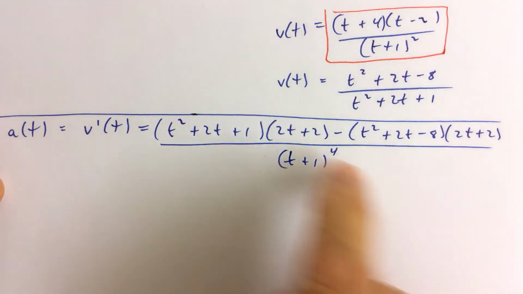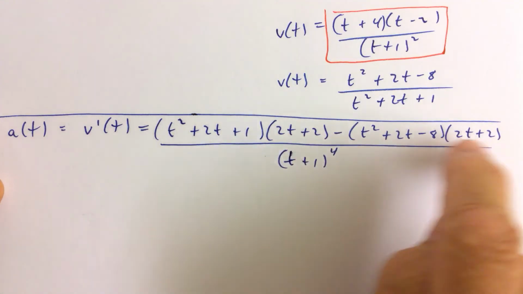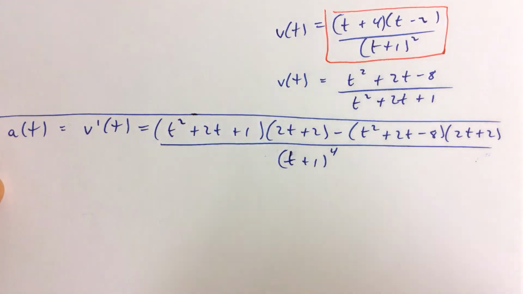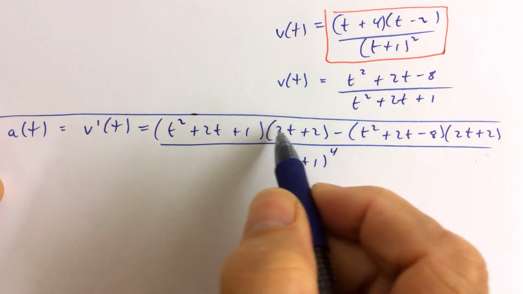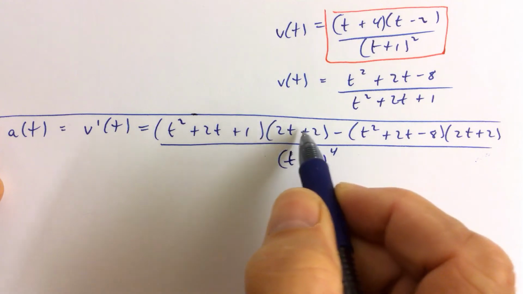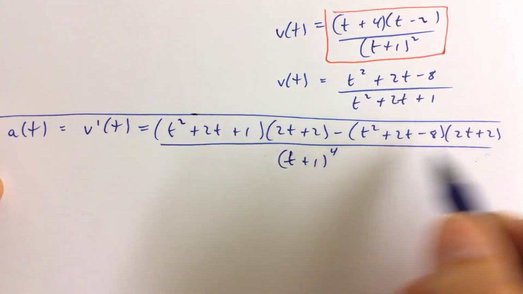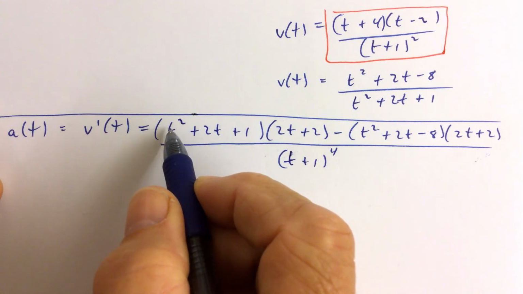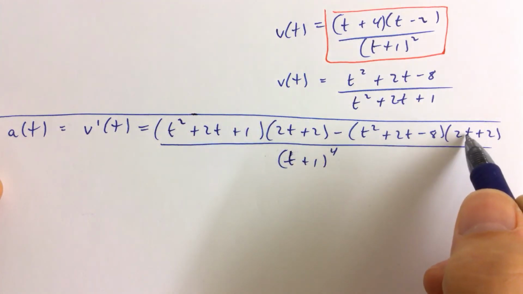Now there's a couple options here. One option would be to factor out the 2t plus 2 from both terms here. But just a little foreshadowing, if I were to multiply these two out and then these two out, then I would get 2t times t squared, that's 2t cubed, and I'm going to have a minus 2t cubed.